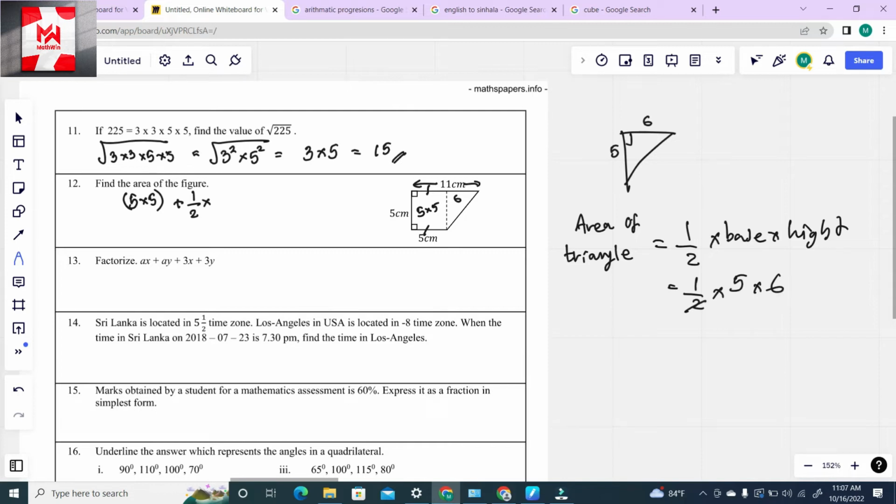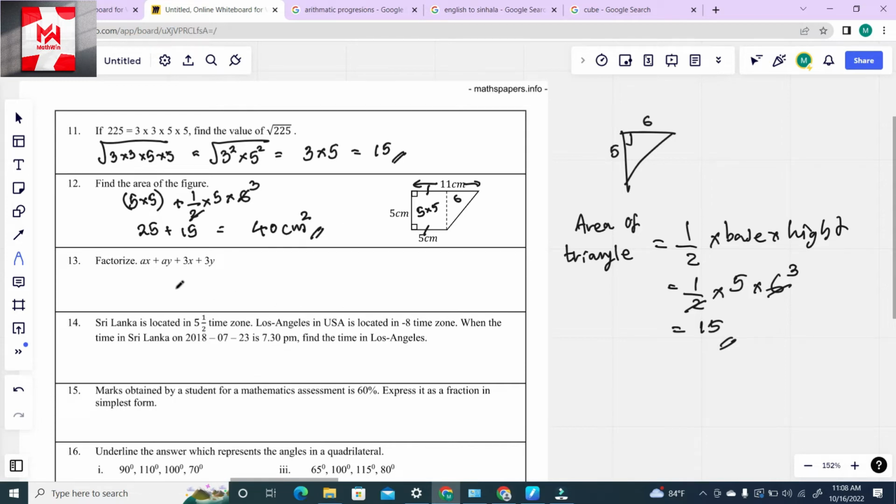So you can divide by 2, this is 3 into 5, it's 15. Here 1 over 2, the base you can write as 5, 6 is the height. So 25 plus 15, the area is 40 square centimeters.